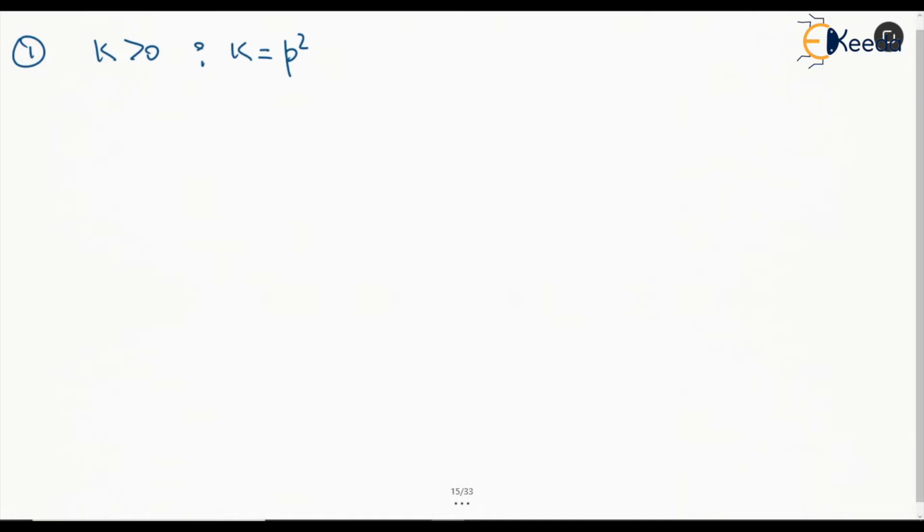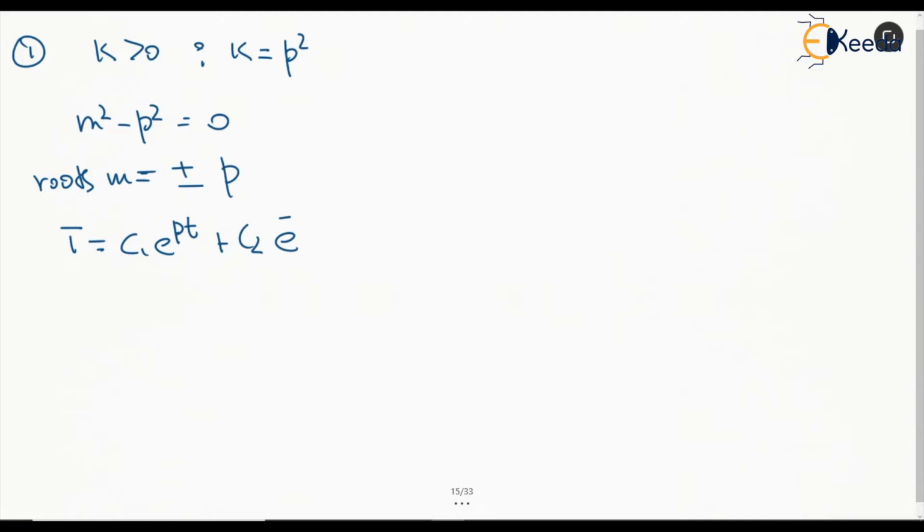square, in that case the auxiliary equation will be m square minus p square equal to 0, and the roots will be m is equal to plus and minus p. So we know that for the roots being real and unequal, we are going to get the function T equal to c1 e to the power pt plus c2 e to the power of minus pt.